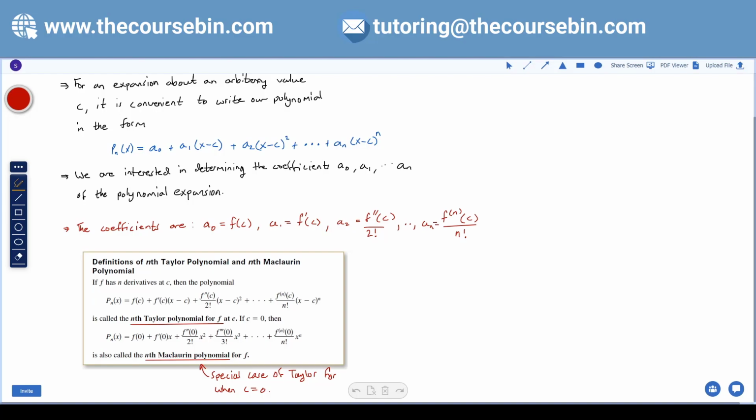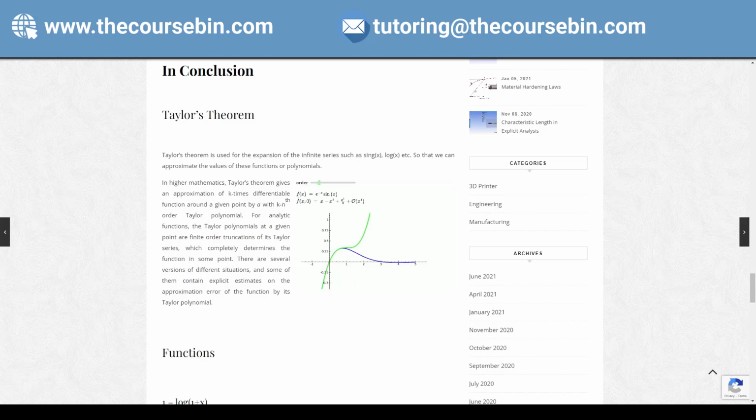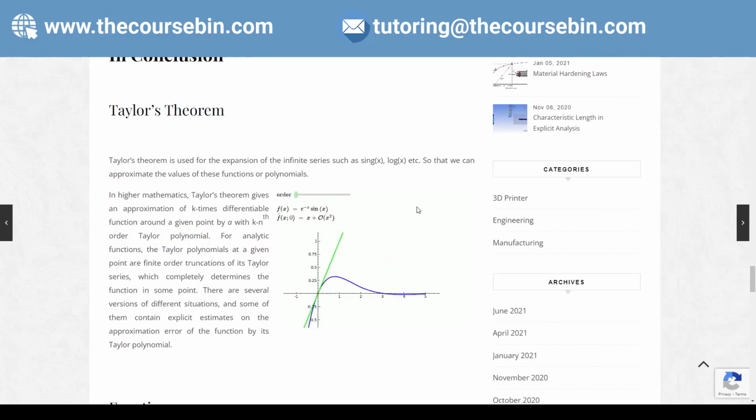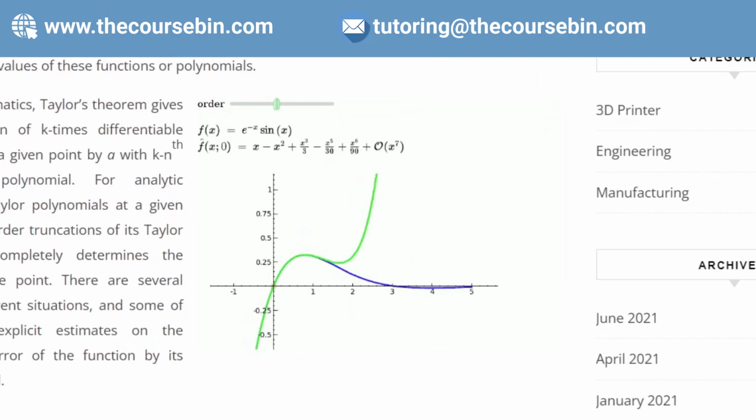Okay, I think this is the best one I can find. But let me show you this. All right, so take a look at this animation here. Okay. Right, so the function is e to the negative x times sine of x.